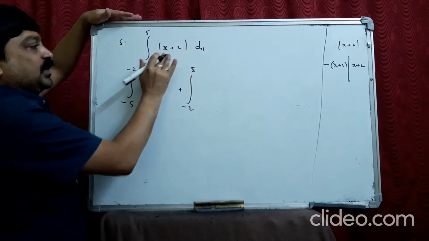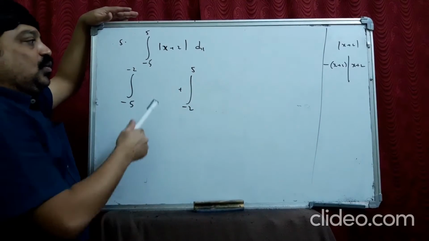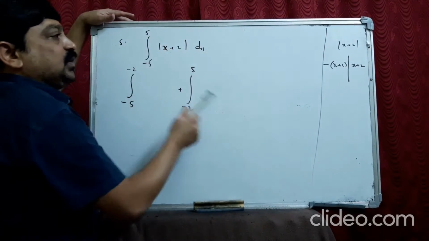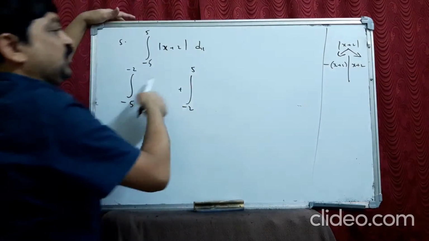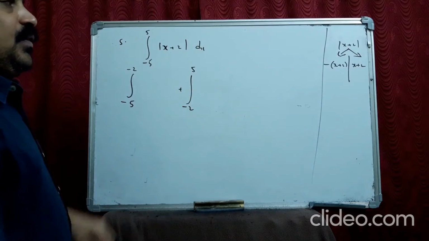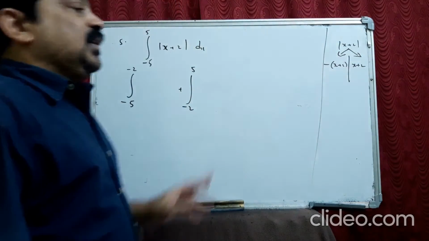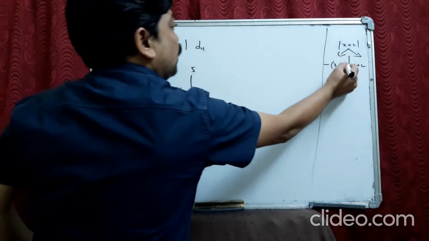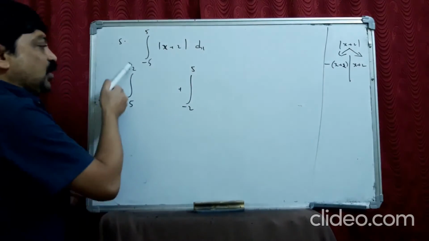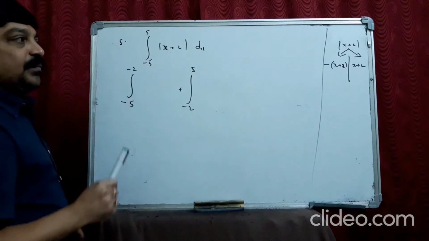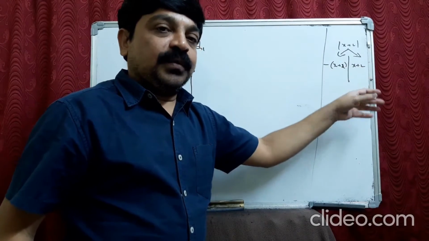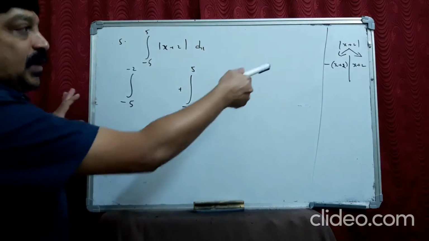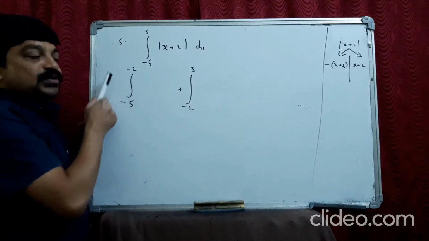So we divide this function into two parts. In these two, this function can be written in two ways. Which way do we use here and which way do we use here? We use the one where the function gives a positive value when you substitute a value between them.